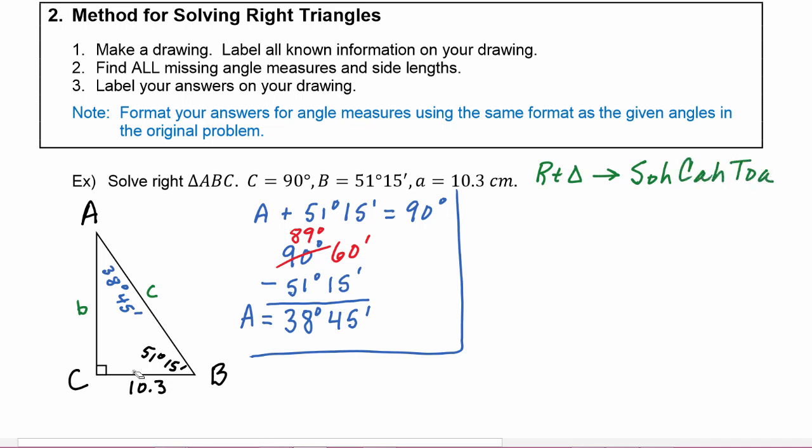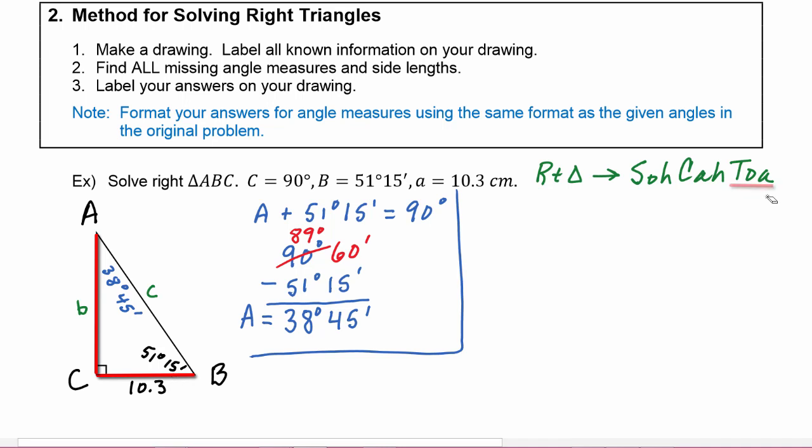Now, whenever you're solving for the missing parts in a triangle, you want to use as many of the givens as possible. So we were given 51 degrees 15 minutes, and we were given 10.3 centimeters. Now, relative to that 51 degrees 15 minutes, b is the opposite leg, and 10.3 is the adjacent leg.